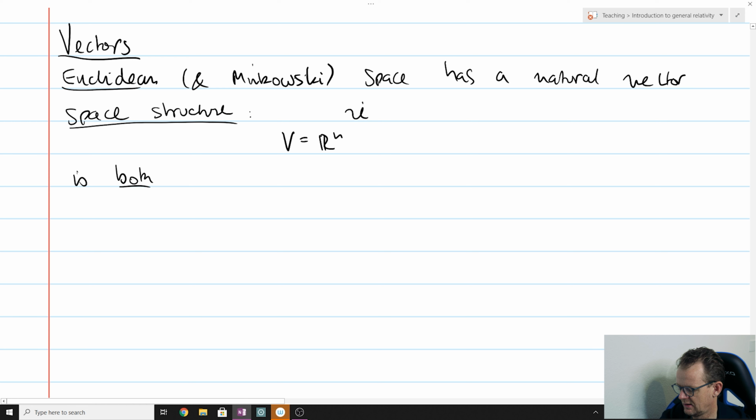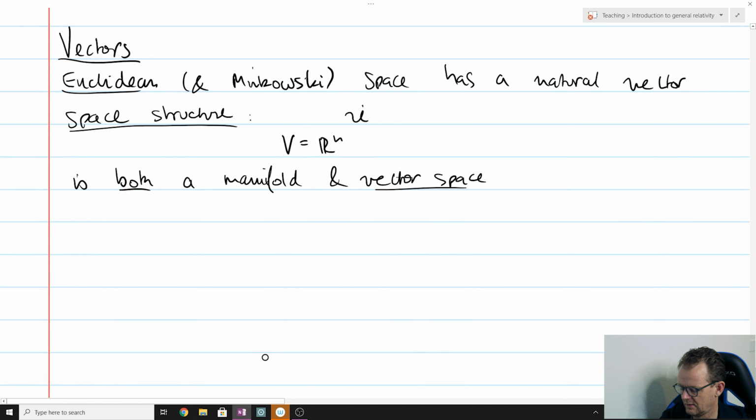It certainly can be endowed with a manifold structure, but it also happens to be a vector space. And it's a vector space globally, right? The whole space itself is the vector space.